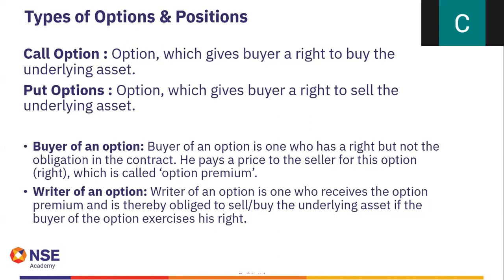Now, here is what happens on 29th September if the price of HDFC Bank goes up. Say in the market on 29th September, the price of HDFC Bank has gone to 1,100 rupees. So what will happen?